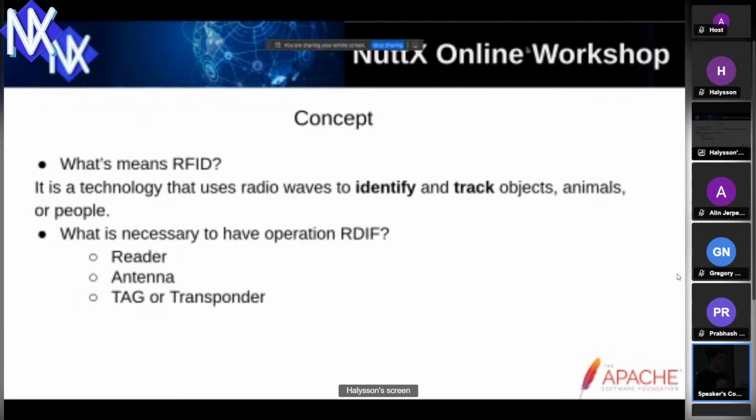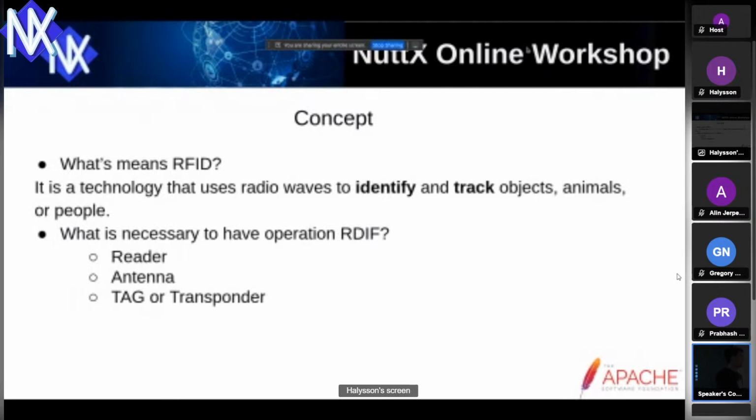These two words are very important, because we identify something for some purpose, and track also, so we can have active tags to track around the environment. This technology is very common today.